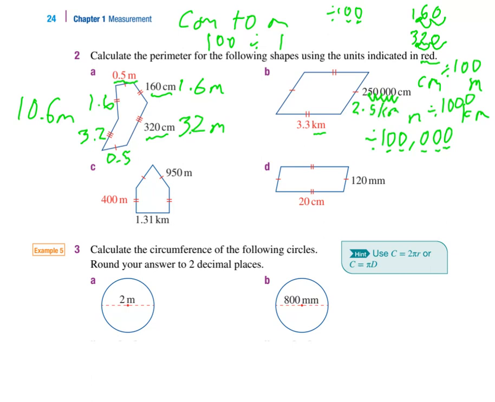And it's going to be 2.5 kilometers there, 2.5 over here, the 3.3 is there, the 3.3 will be here. Again, you've just got to add them all up. 3.3 plus 2.5 is 5.8. And if I double that, because there's 2 of each of them, you end up getting 11.6 kilometers.